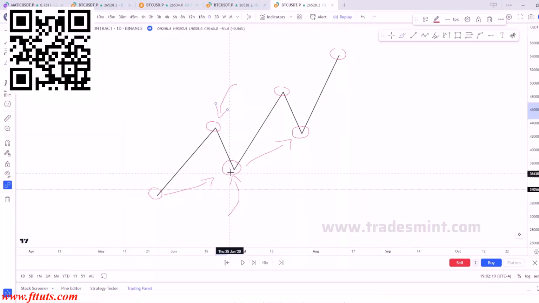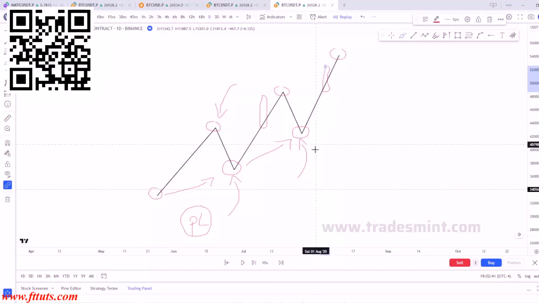So in this example, this low, we'll say that there was indeed a candle body close above this previous swing point, or higher high, if you will. So therefore, this became a PL, a protected low, PL for short, okay? This would also be a protected low because price closed above it.